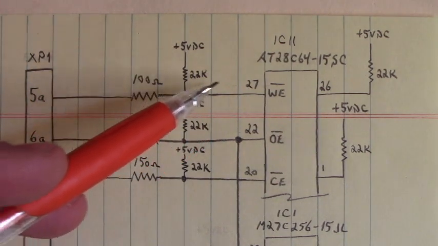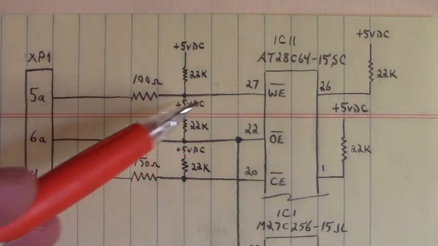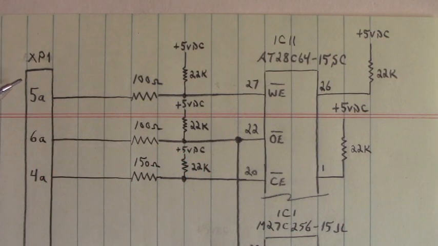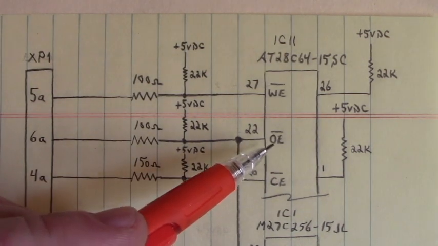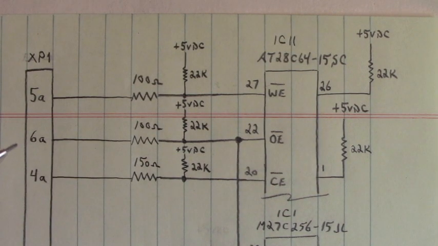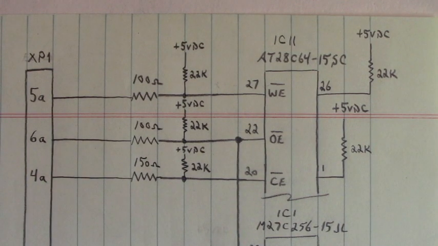And here we have a 22 kilo ohm pull-up resistor to 5 volts, and it is attached to pin 5A of that 3-row connector. The output enable of that IC is attached to 6A, and chip enable is attached to 4A.